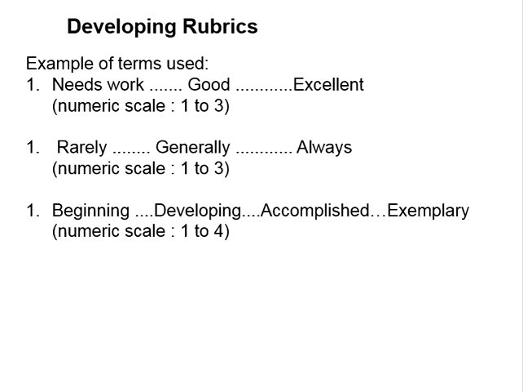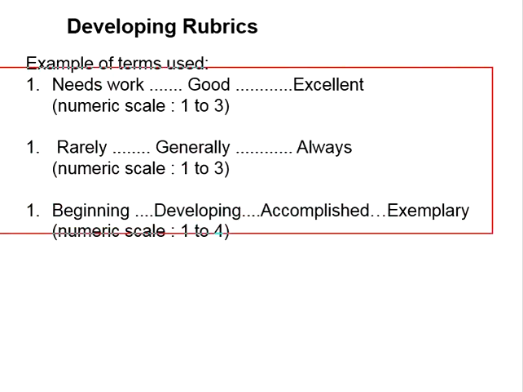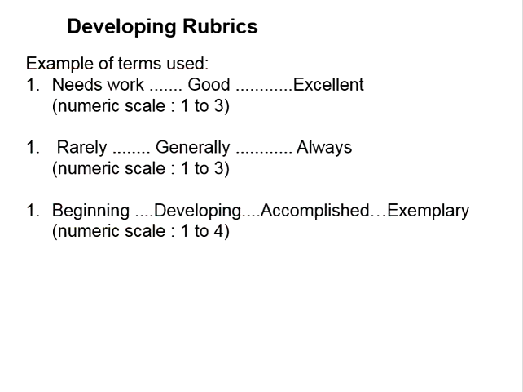Nevertheless, there are still some limitations. If your performance criteria solely rely on this, you may have difficulty ensuring good consistency and reliability in the assessment when it comes to different assessors. The reason is that this terminology is comparative, which is relative to the others.